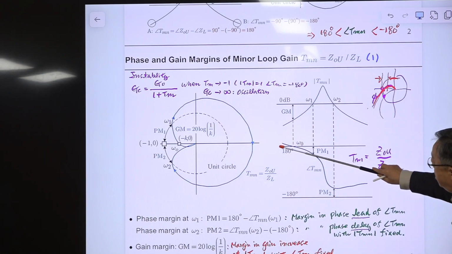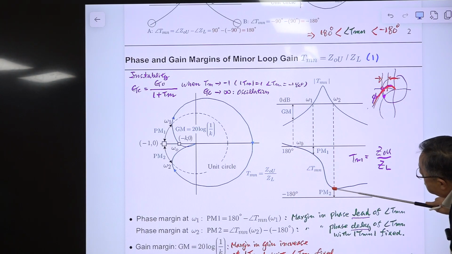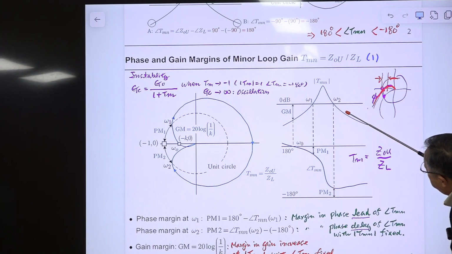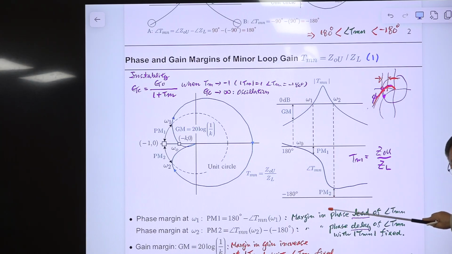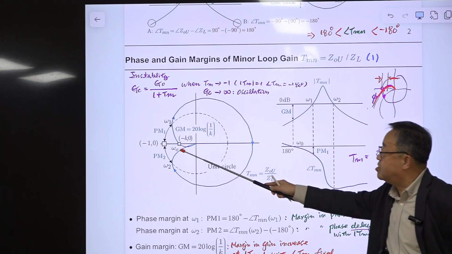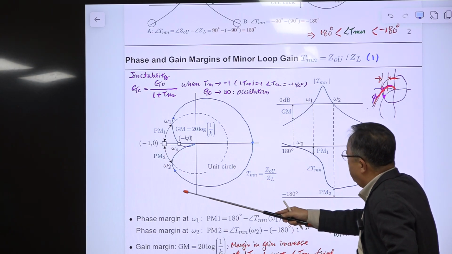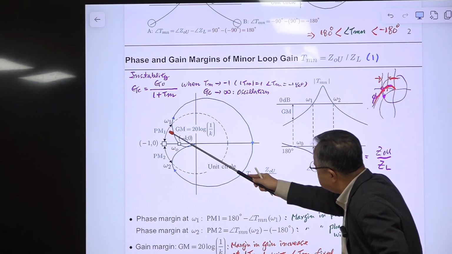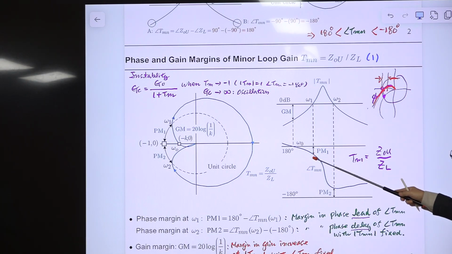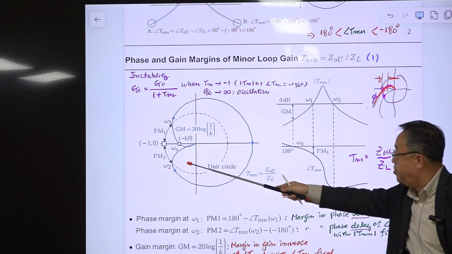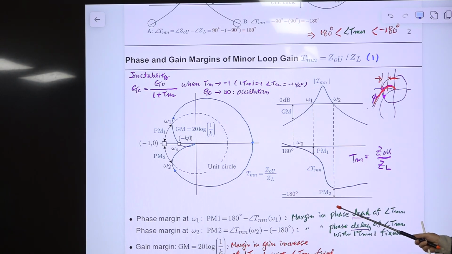If phase delay of this much is added with this one fixed at this frequency, phase becomes minus 180 degree. So obviously this is phase margin 1 and phase margin 2, and this corresponds to this number, this distance, and this corresponds to this number, this distance. Okay, right?